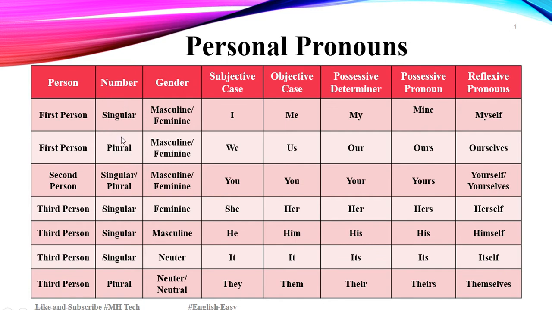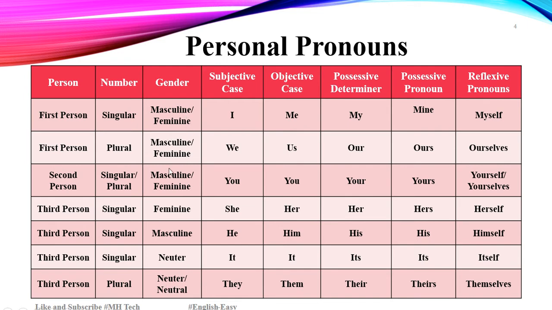So these are two forms of number in pronouns. A pronoun can be singular or plural. We have gender here, three categories in gender. We have masculine, we have feminine, and we have neuter or neutral.